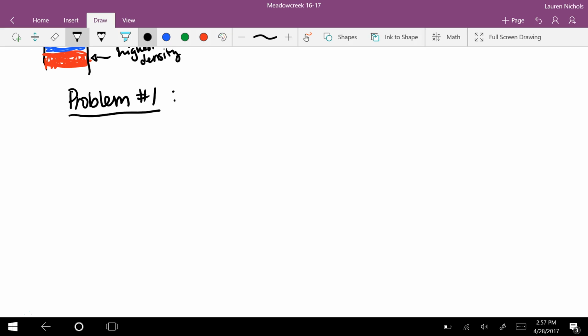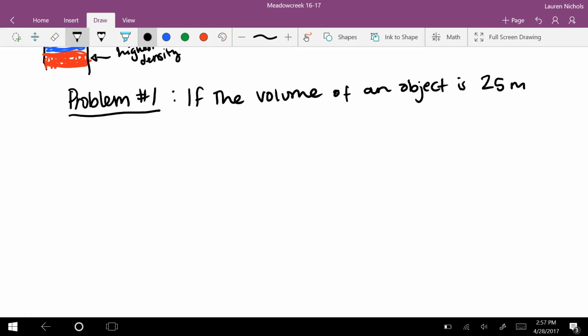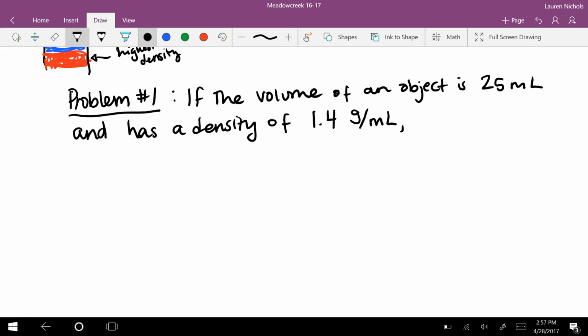Let's say in this problem it says if the volume of an object is 25 milliliters and has a density of 1.4 grams per milliliter, what is the mass?